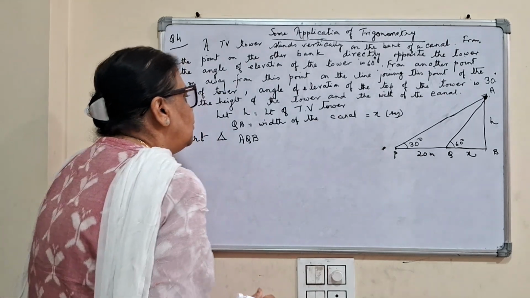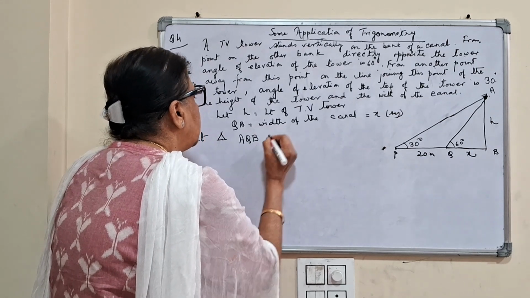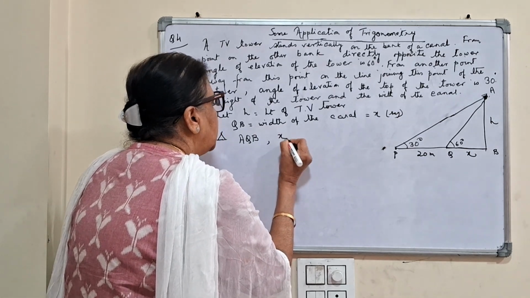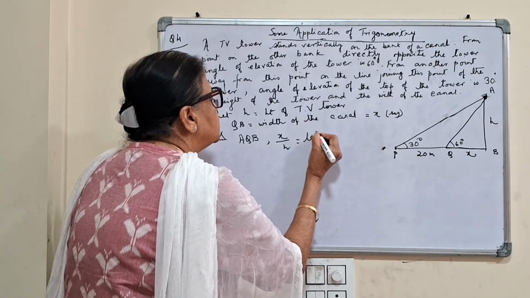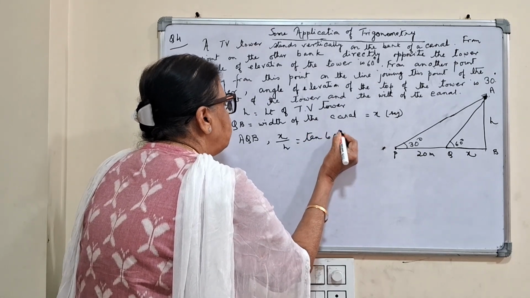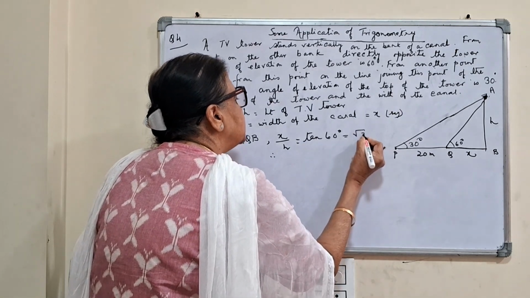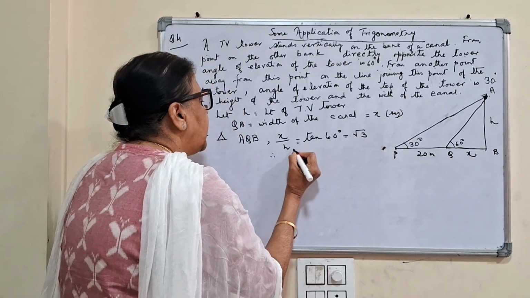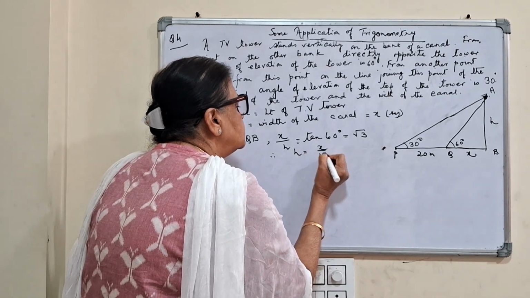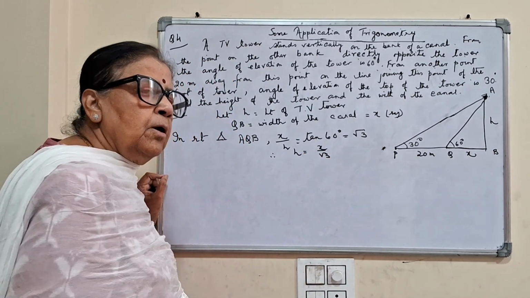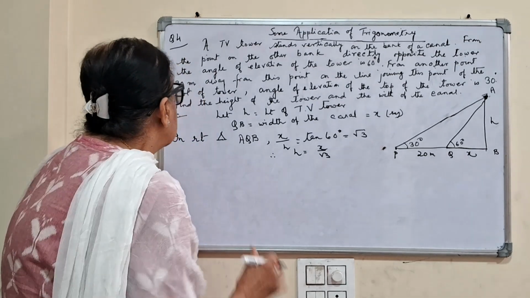X by H is equal to tan 60, which is root 3. Therefore H is equal to X by root 3, or root 3 H is equal to X.